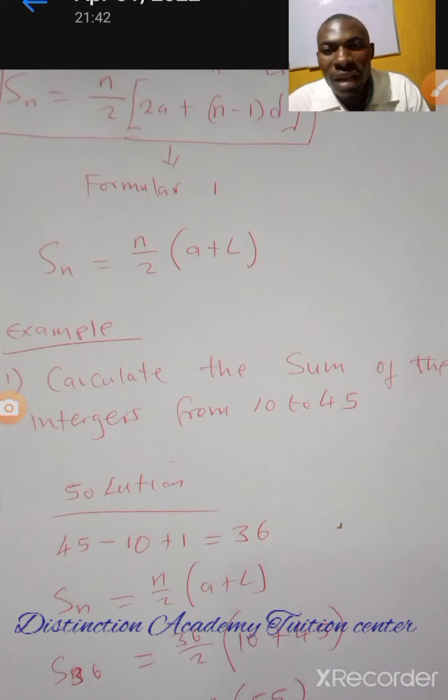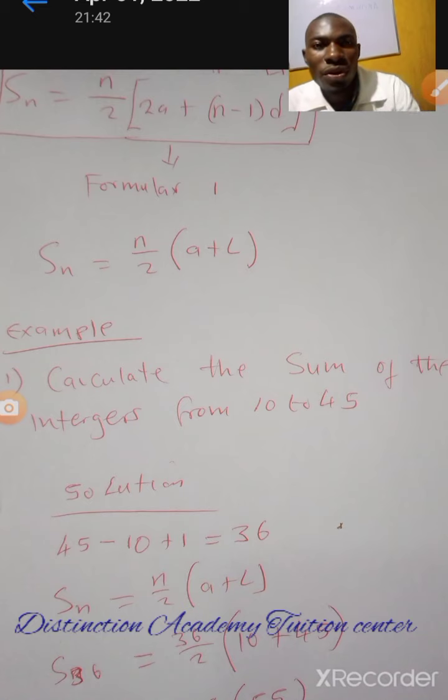Now you need to find how many terms there are from 10 to 45. Hence you subtract 45 minus 10, which gives 35. Then plus 1, because initially 10 is the starting point, so you add 1 there, which gives you 36. So you have 36 terms from 10 to 45.